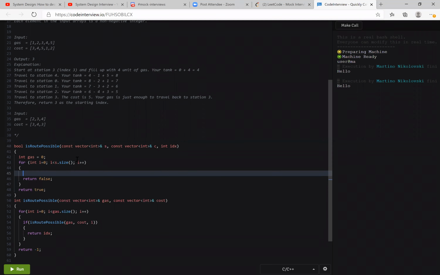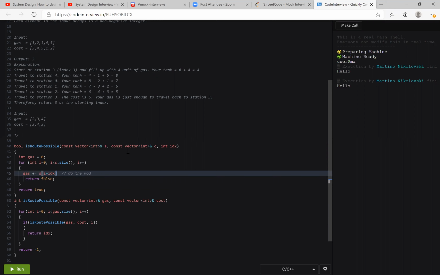But when I say 0, it actually means idx plus 0, because I'm giving the index. So our gas will always keep becoming gas plus, what I am looking for, since I'm starting at this index, i plus idx, but it has to be with the mod. I will do that.